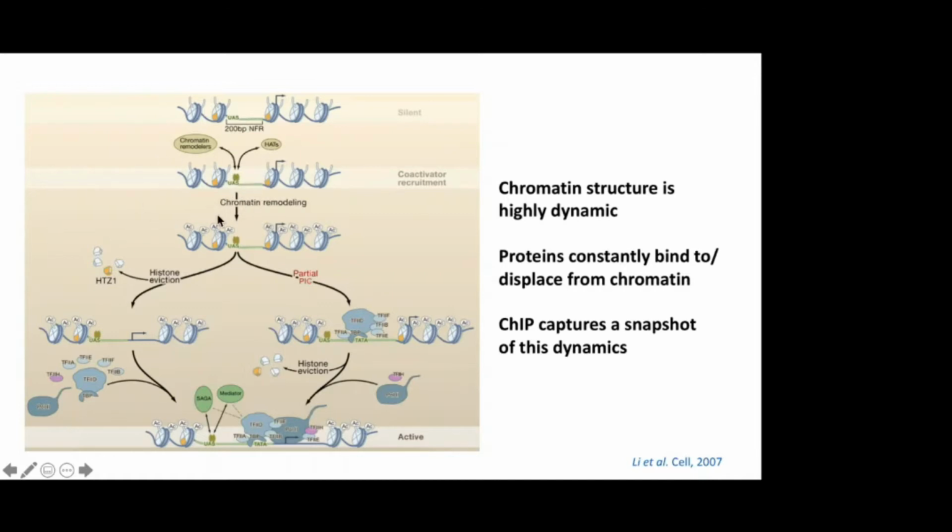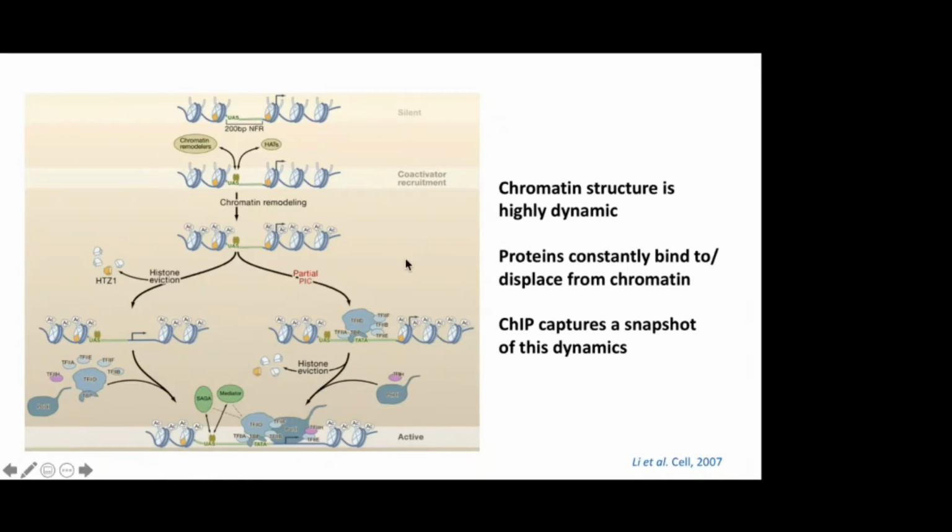These chromatin remodelers and histone acetyl transferases embellish the nucleosomes with different histone modifications, particularly histone acetylation, leading to histone eviction, thereby exposing the promoter element so that Pol2 and other transcriptional machinery can be positioned. So there's a lot happening here, but how do we know these events?